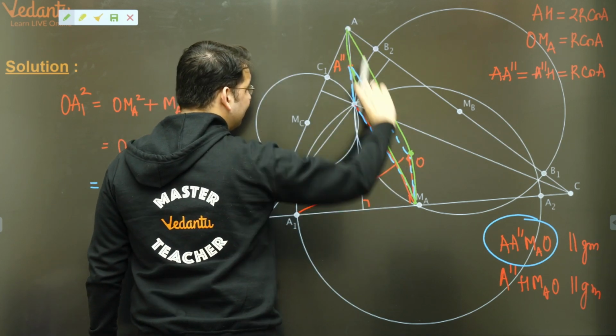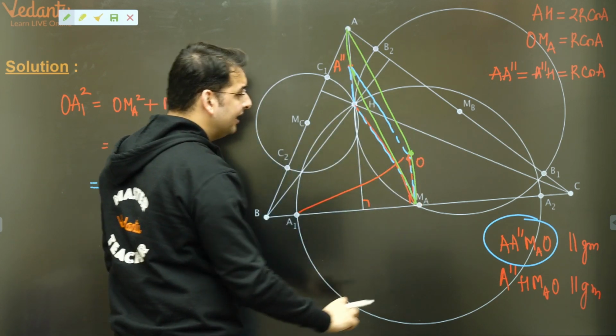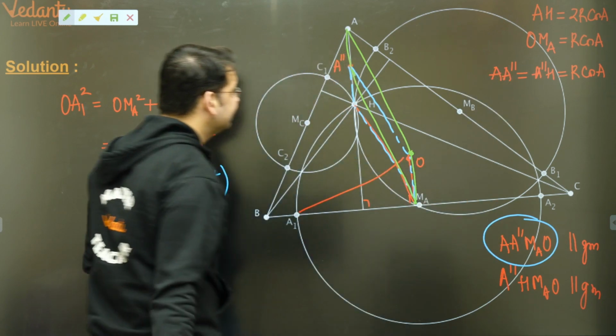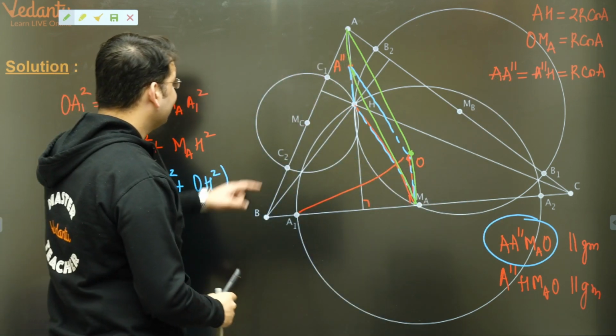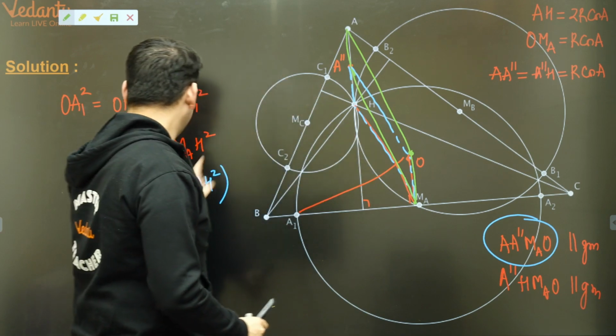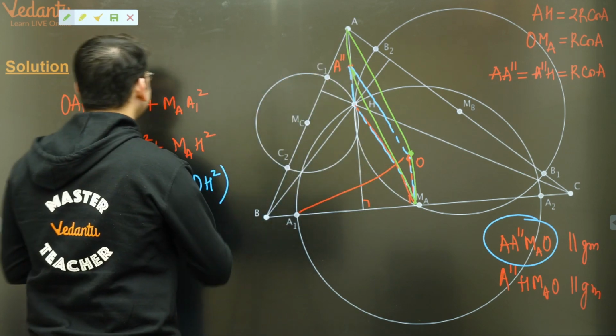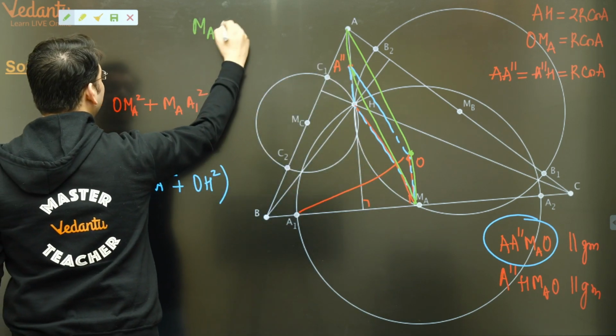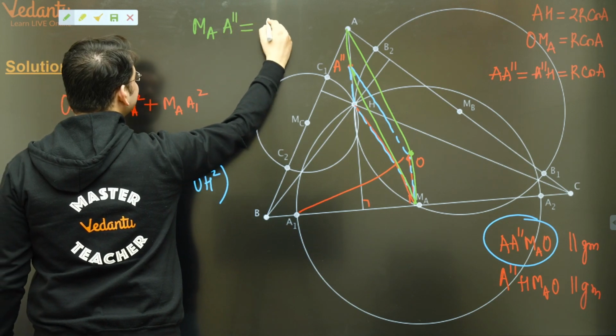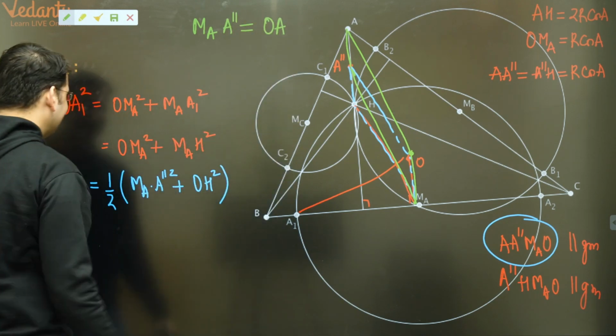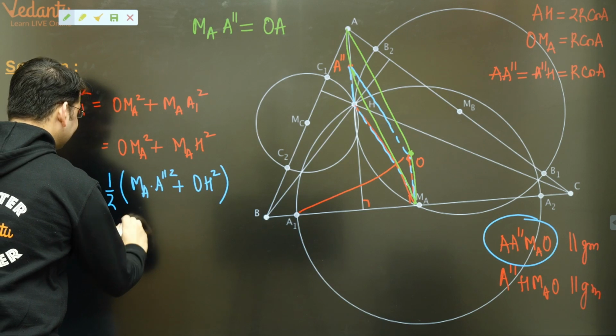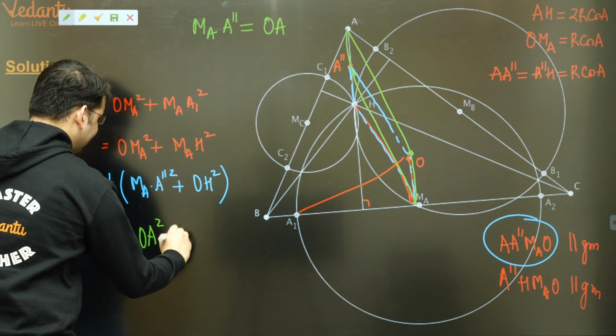Because we know that A double dash and OMA are parallel and equal in length. Both of these lengths are R cos A. So MAA double dash is same as OA, and we are done, because this can be written as OA whole square plus OH whole square.